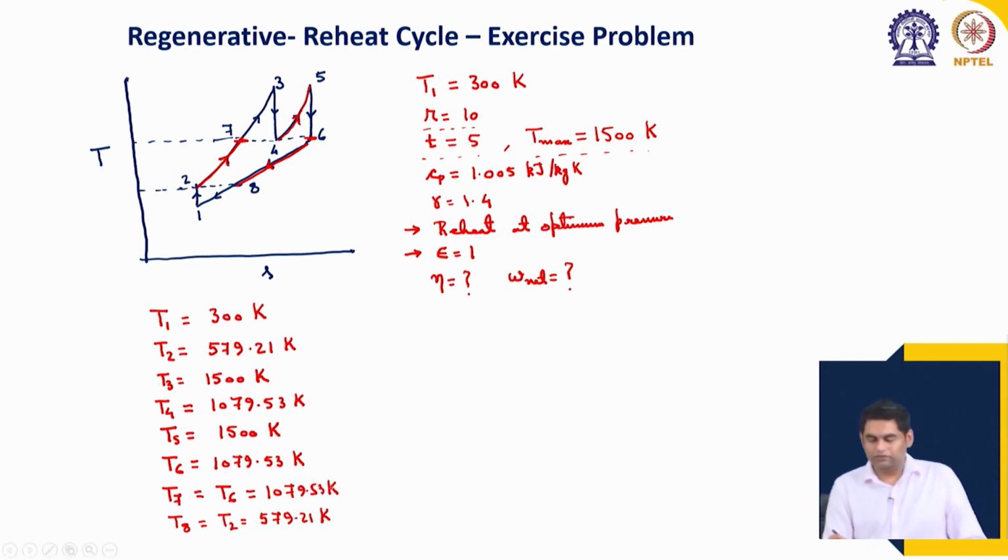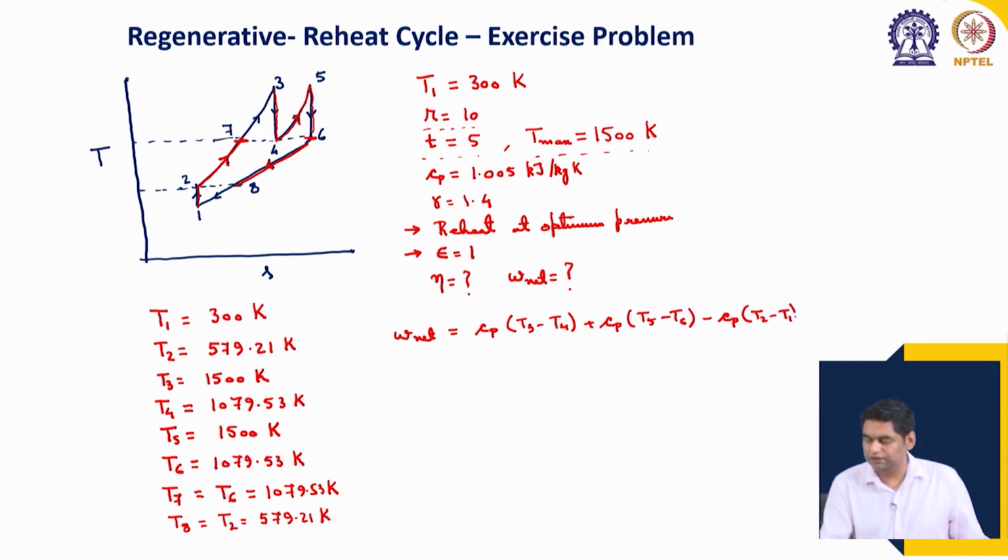So, now the net work output which we know should be equal to, so this first work output plus the second work output minus the compressor input. So, Cp (T3 minus T4) plus Cp (T5 minus T6) minus Cp (T2 minus T1).